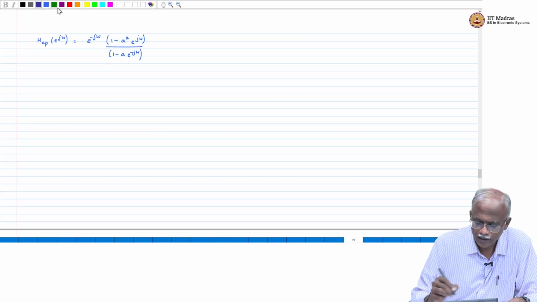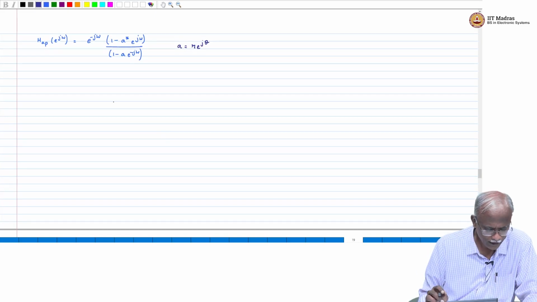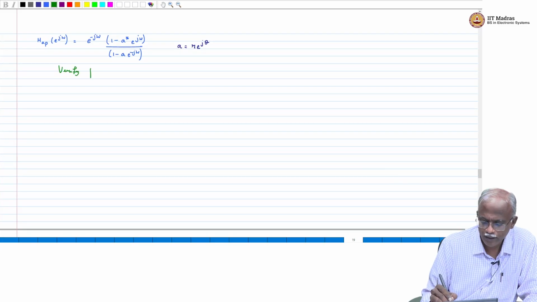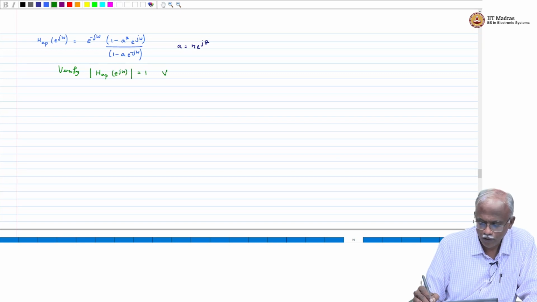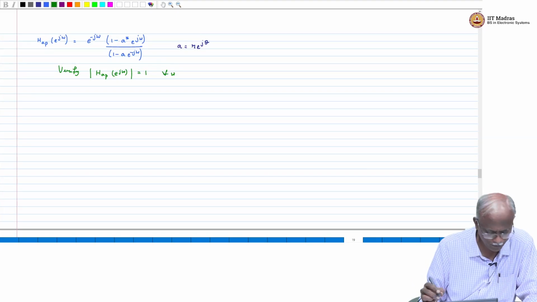Okay, let us write a as r e^{jθ}. Remember, we already wrote it down in this form. Once more, just for practice, verify that the magnitude of H_AP(e^{jω}) is equal to 1 for all values of ω. Just substitute and verify, and make sure that you are comfortable with that.